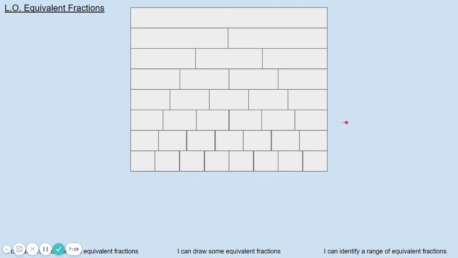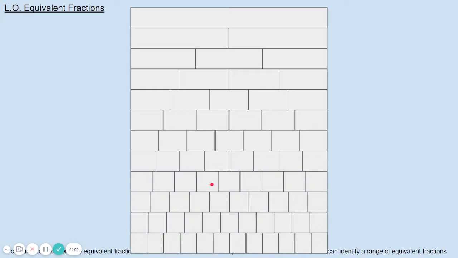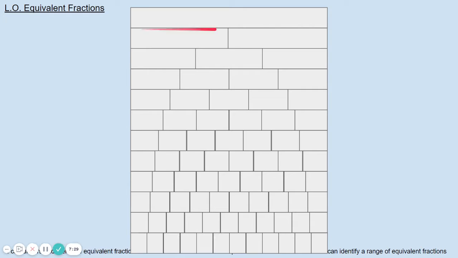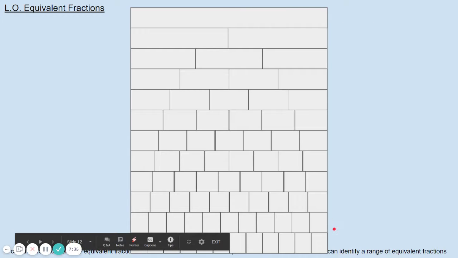Fifths, sixths, sevenths, eighths, ninths, tenths, elevenths, and twelfths, all the way down to 12. So the width of it in this bar model is the whole. And then down here, it's split into elevenths and twelfths and all sorts.